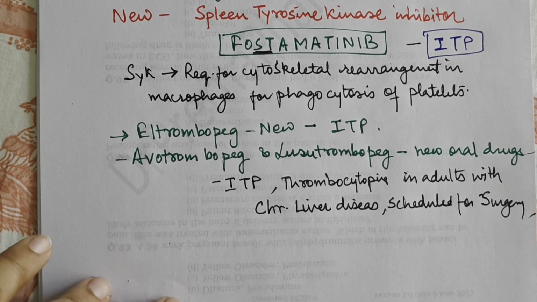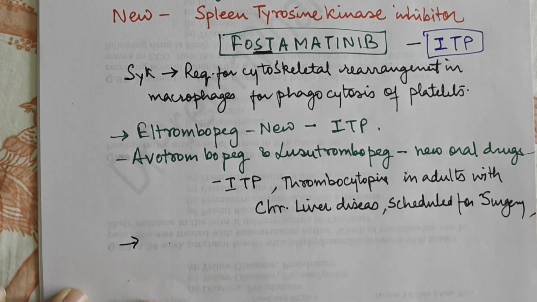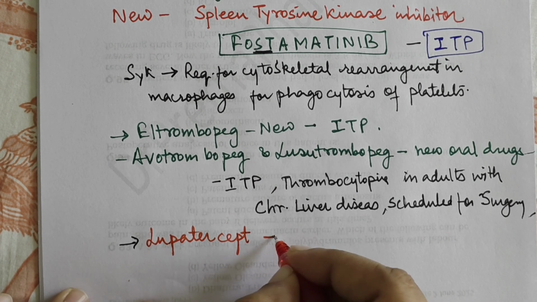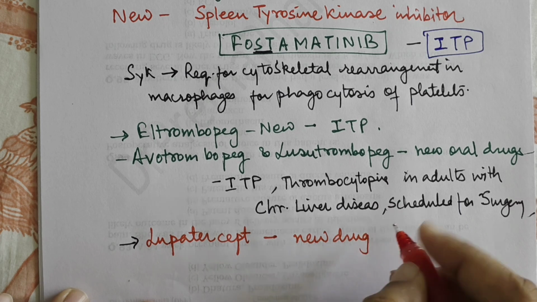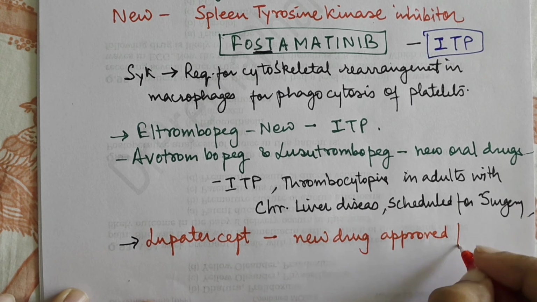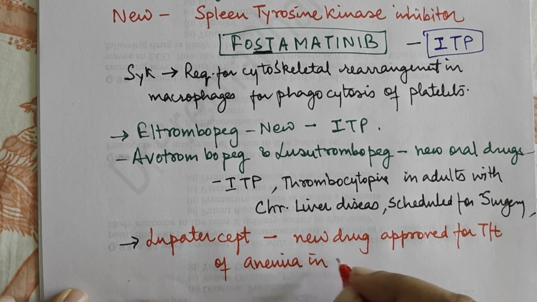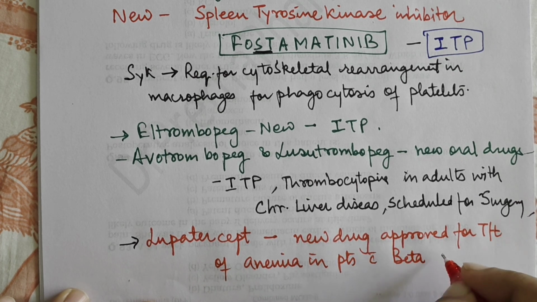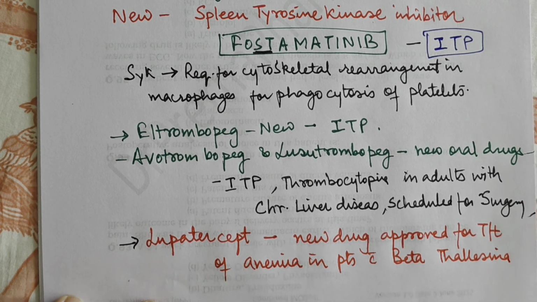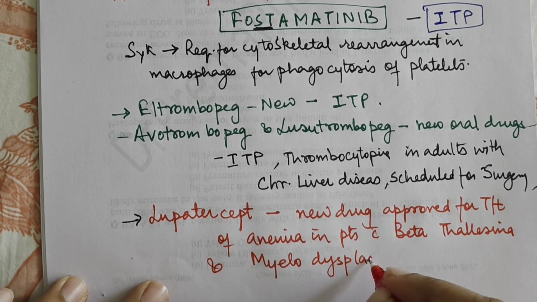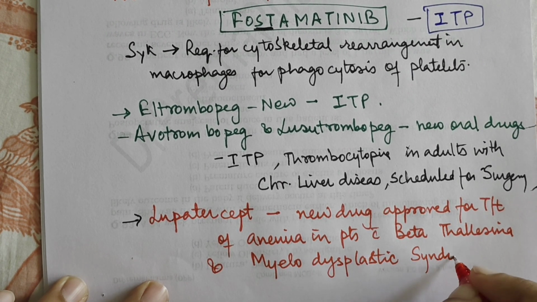Okay, then there is a drug which is called luspatercept. This is a new drug approved for treatment of anemia in patients with beta thalassemia and myelodysplastic syndrome.